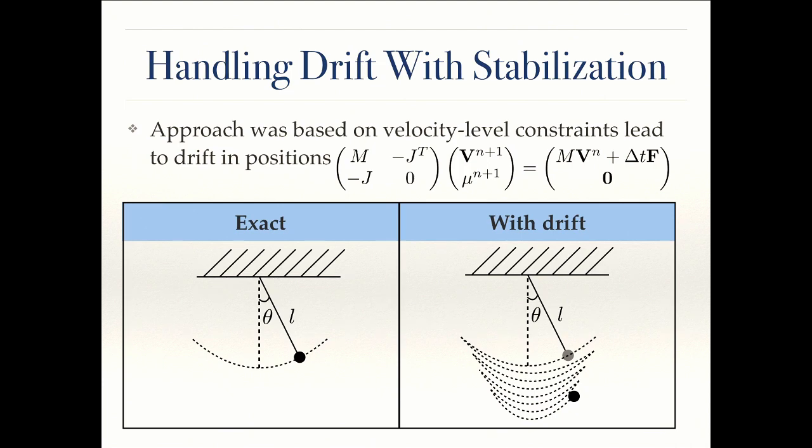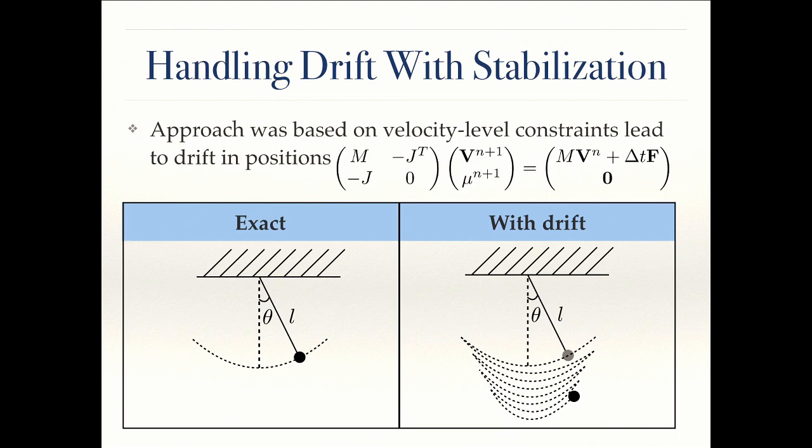And what that would look like for our pendulum, for example, is here it is the exact thing. This mass should just keep going back and forth on this arc. But if we use a velocity level constraint enforcement, the velocities will be correct, but when I take these finite time steps, I'll step off. The mass will kind of step off of the constraint.